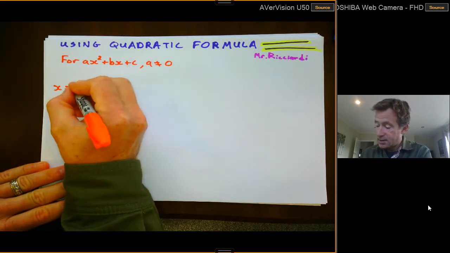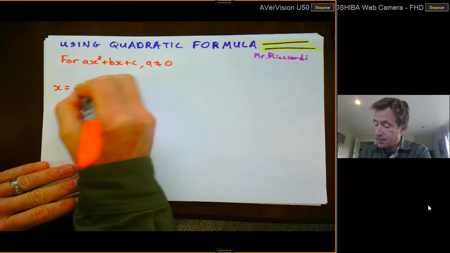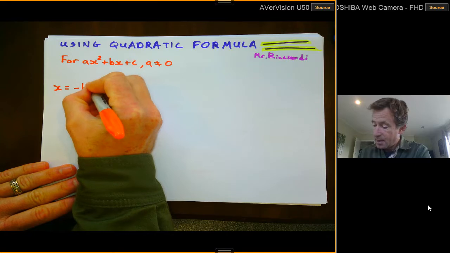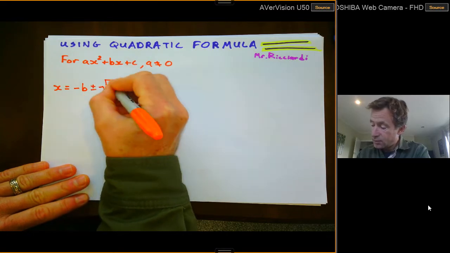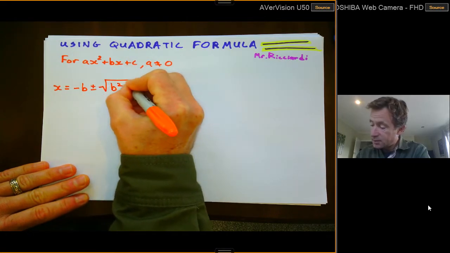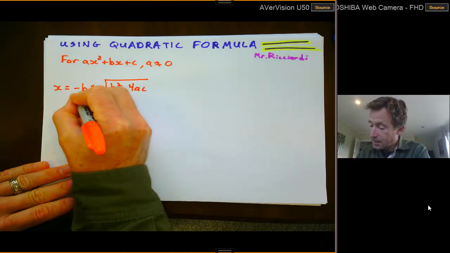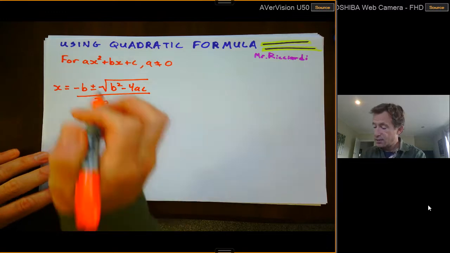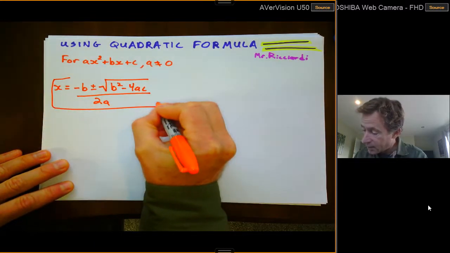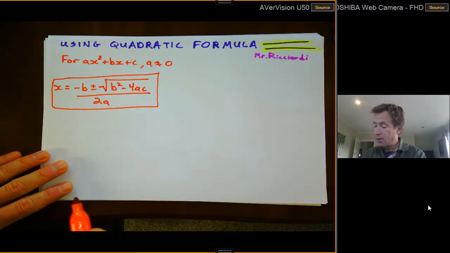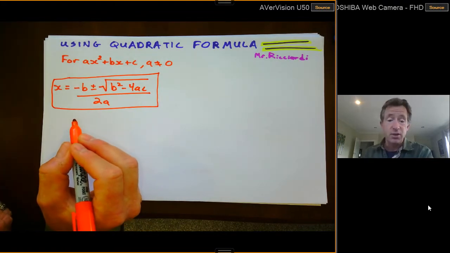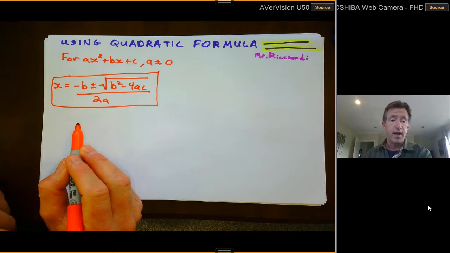What it is, is the opposite of b, or you can call it negative b, but it makes it easier if we say opposite of b, plus or minus the square root of b squared minus 4ac all over 2a. Okay, and that is the world famous quadratic formula right there. We don't always have to memorize it because it's given on some of the formula sheets for the exams. So there we have it.